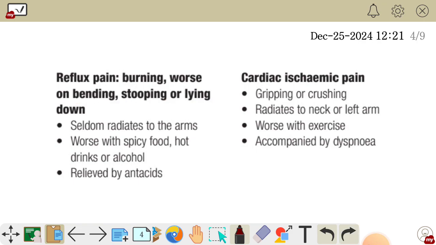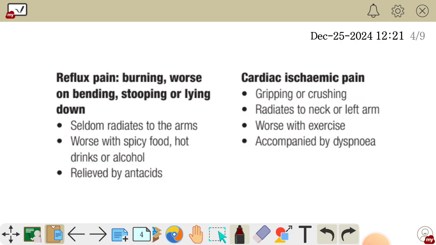It rarely radiates to the arm. But cardiac ischemic pain is gripping or crushing, and it radiates to the neck or left arm.